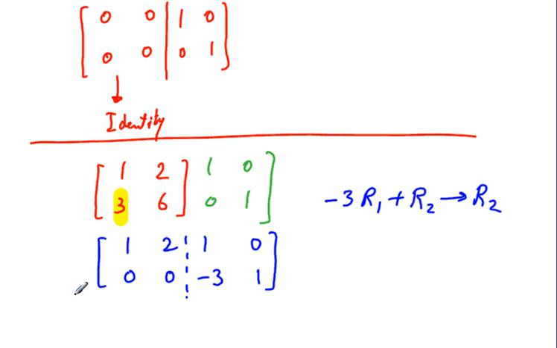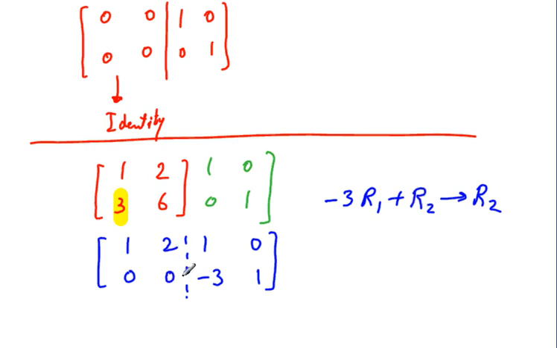Our objective was to march toward identity. That is, I want to convert this into a 1. If I multiply, that doesn't help. There isn't anything else I could do.